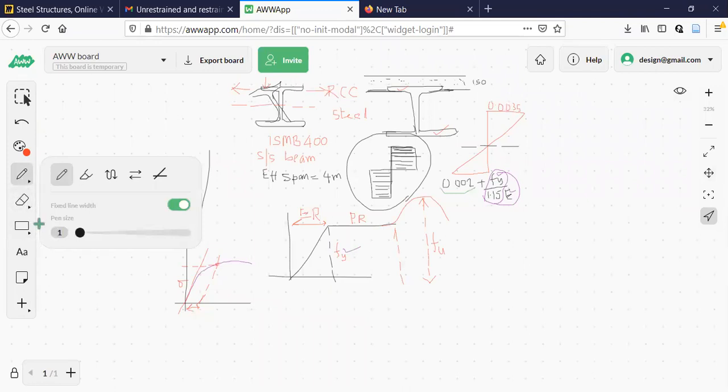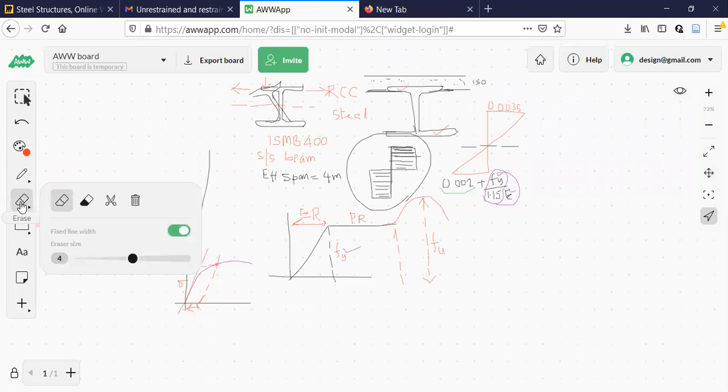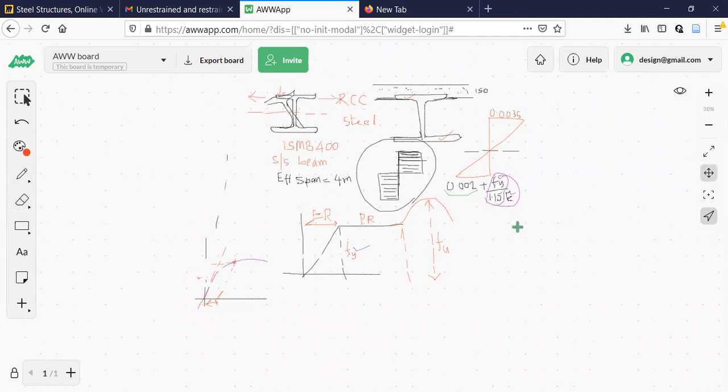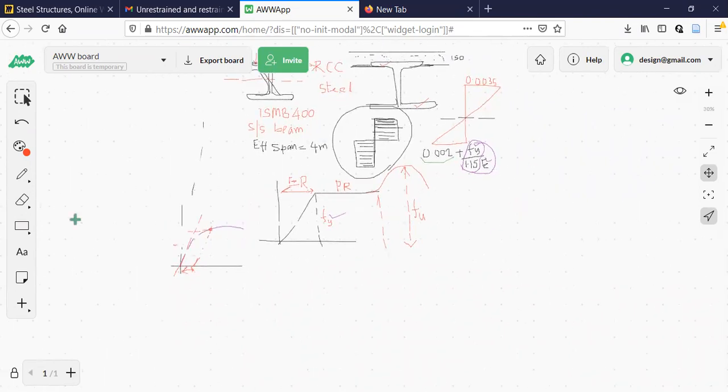Since we are not able to understand the material clearly, all the theory based on that material will be approximate only, because we don't know exactly how it behaves once the elastic limit is crossed.